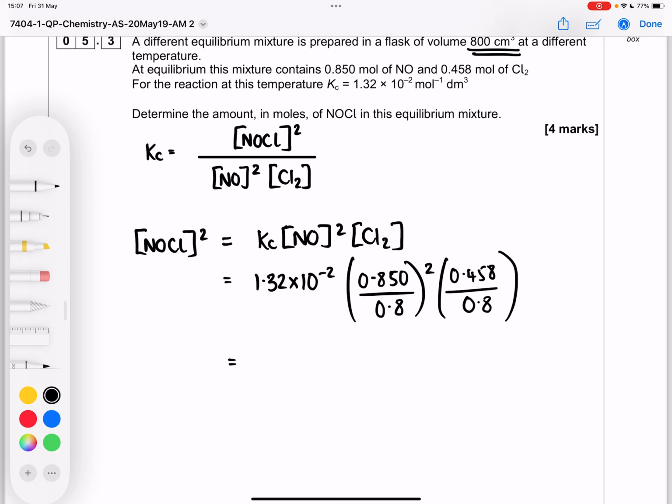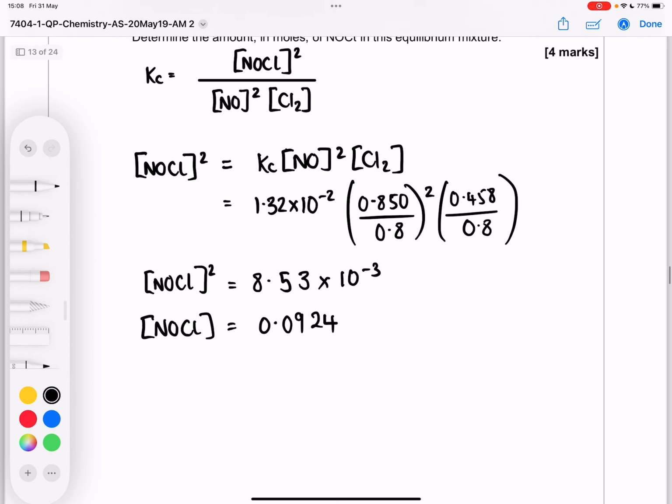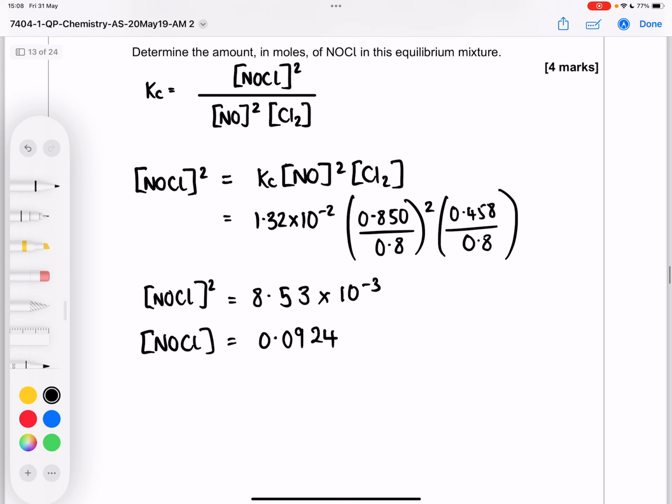So if all that goes into our calculator, we would get the concentration squared. So if we square root it to find the concentration, we get 0.0924. And then the question didn't actually ask for the concentration, it asked for the number of moles, and moles are volume times concentration, very clever, and the volume was 0.8.